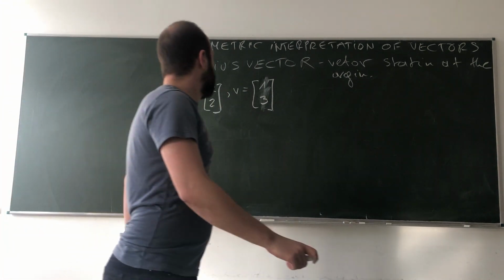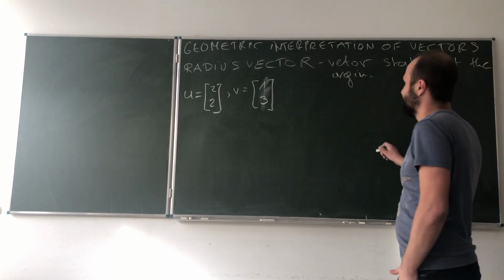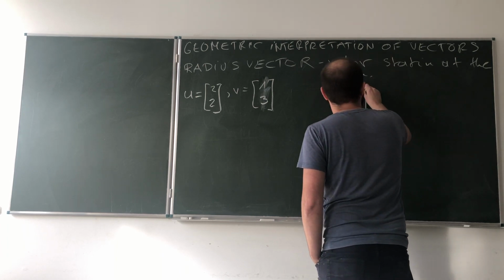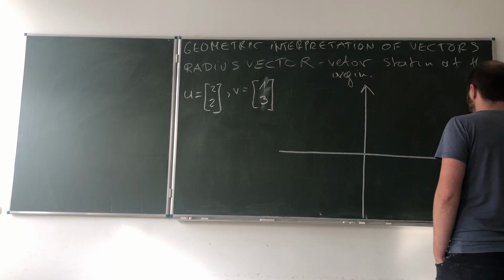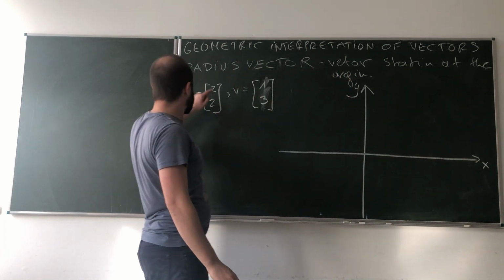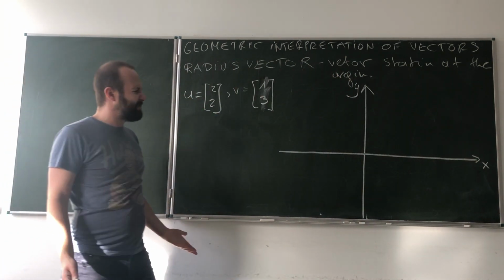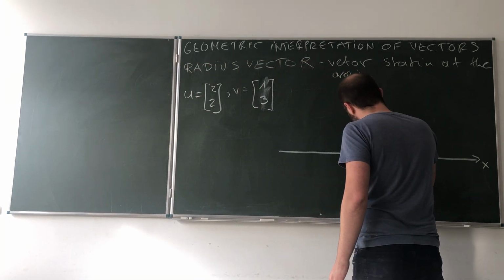Okay, so look, first let's just draw those vectors in the coordinate space. Okay, so now, we will treat x as the first coordinate and y as the second coordinate, which is a very rational choice. Of course, here we have the origin, the point where both coordinates are zero.